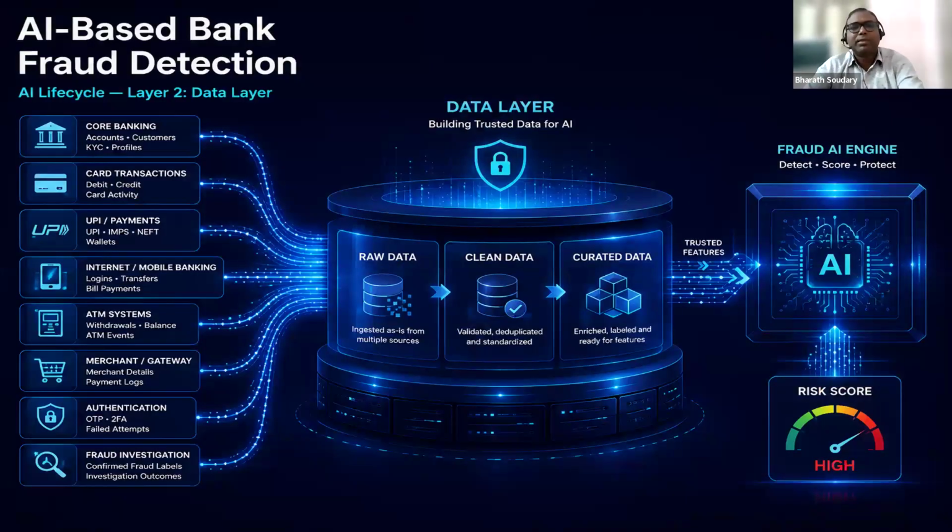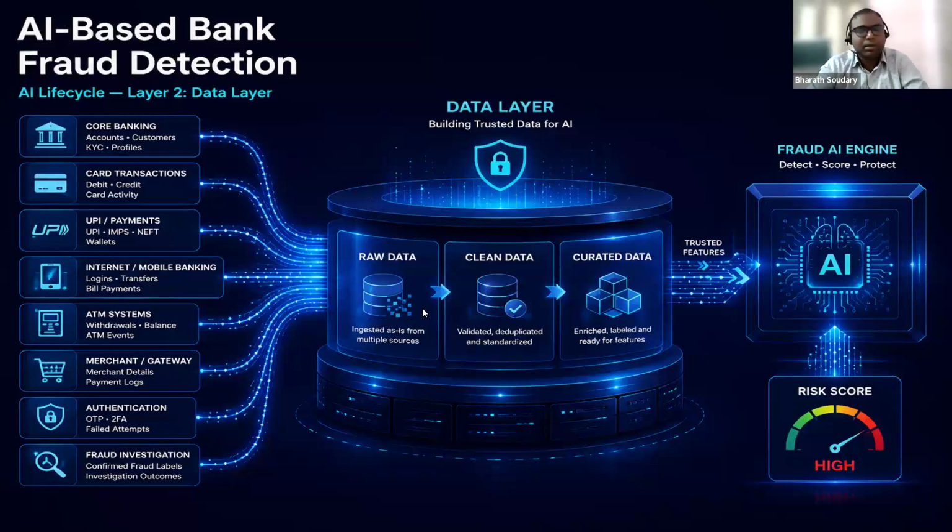To start with, on the first slide about the data layer, I'll explain the core activity: from where the data is collected by the bank, the data sources for banking.